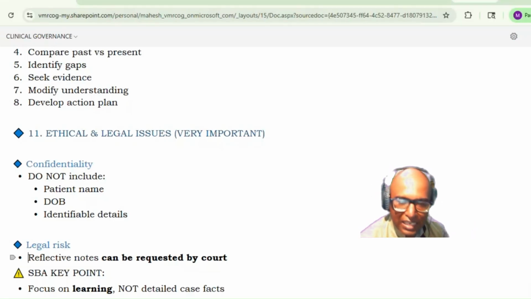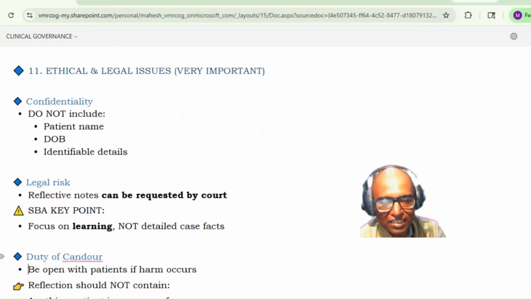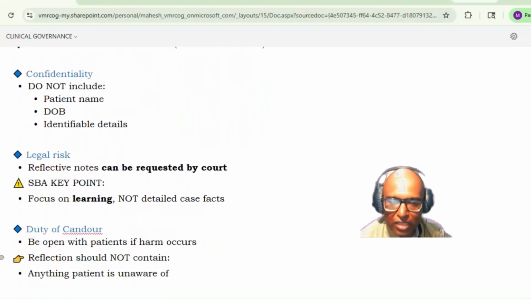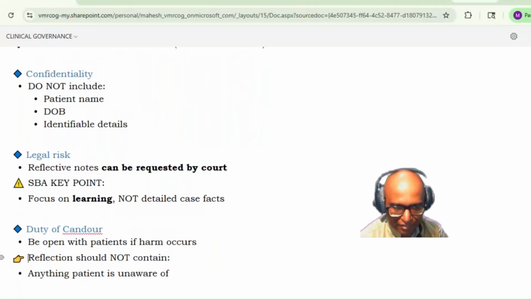Second, there is a little legal risk also, because these reflective notes may be requested by the courts. So one should be very careful in writing the reflective notes. The focus should be on the learning and not the detailed case facts. When you are writing the reflective notes, you have to avoid confidential information. You should narrate it as an event. Okay, then duty of candor.